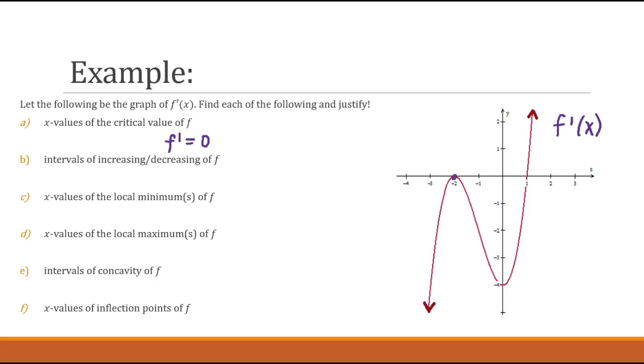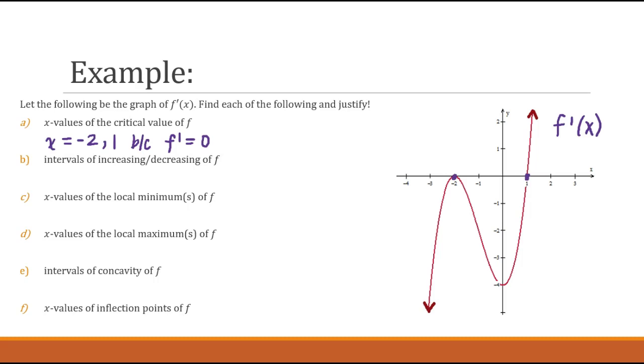Well, those are my x-intercepts. So those two x values are -2 and 1. So we have x equals -2 and 1, and I'm going to put because f prime equals 0. So notice we put our justification first. So the critical values happen at x equals -2 and 1 because f prime equals 0 there.